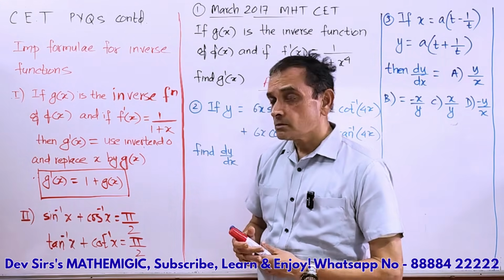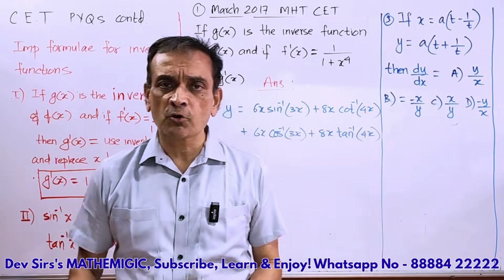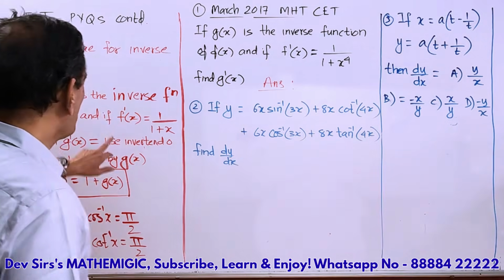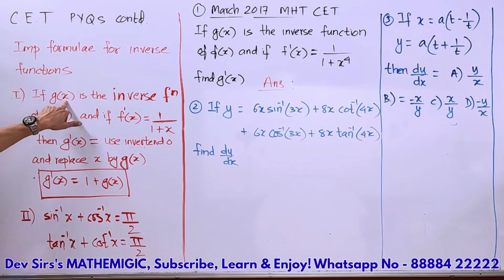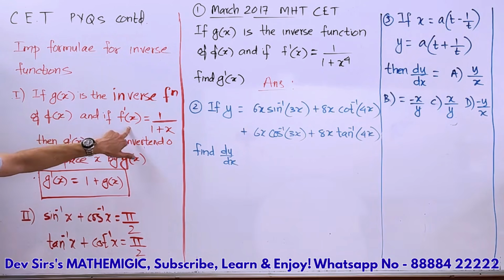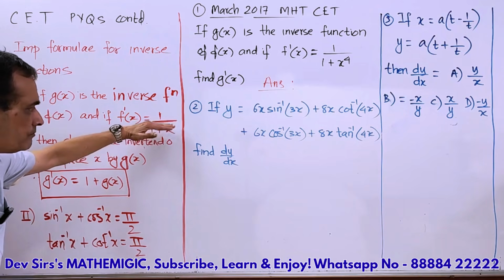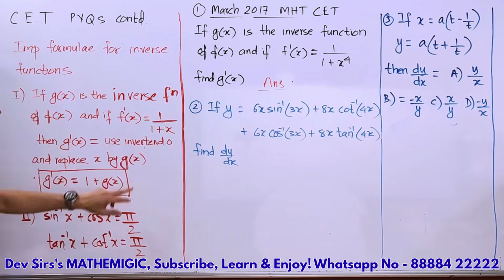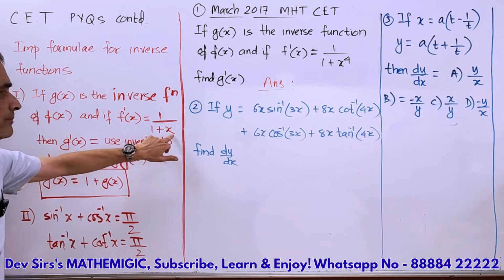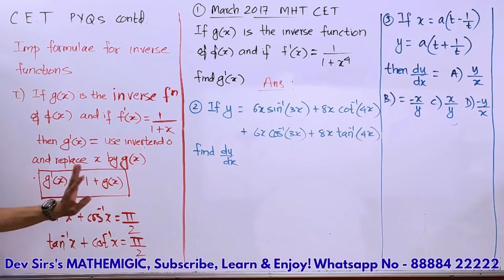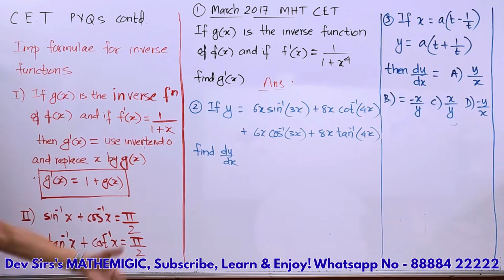So this is one more shortcut which I have learned for today, that if gx is the inverse function of fx and if the value of f dash x is given, then how do you find g dash x? इसका reciprocal करो, means 1 plus x goes above, but don't write 1 plus x, replace x by gx. That's the answer. Just replace x by gx and take the reciprocal.